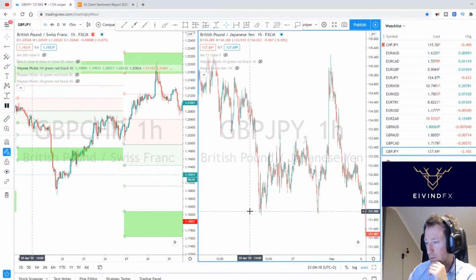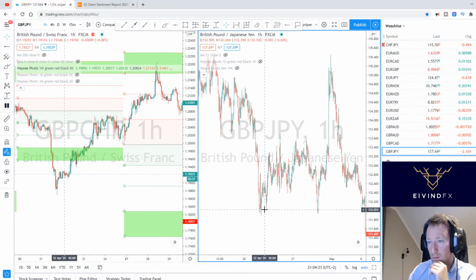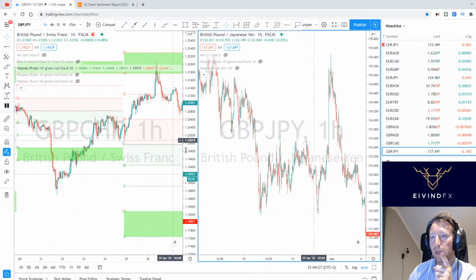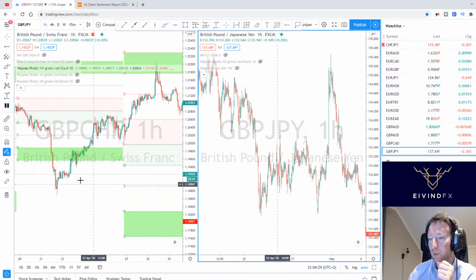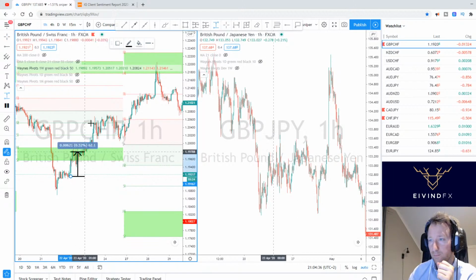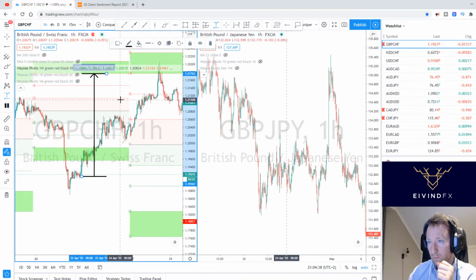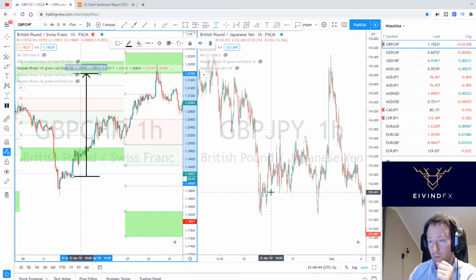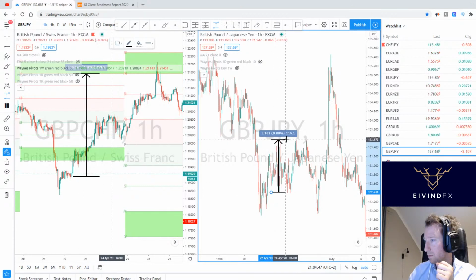So you have 22nd here. But pound Swissy rose here. It rose over 290 pips, and then this one at the same time rose 100 pips in the same time span.